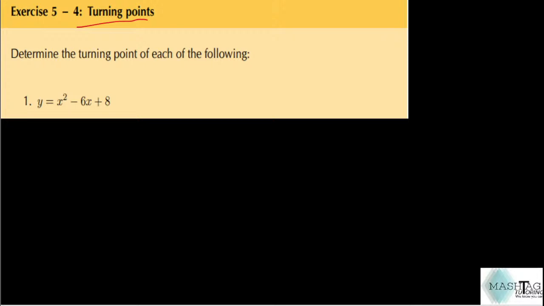When you have a quadratic function like this, what you need to do is put this equation in the form y equals a(x minus p) squared plus q, right?